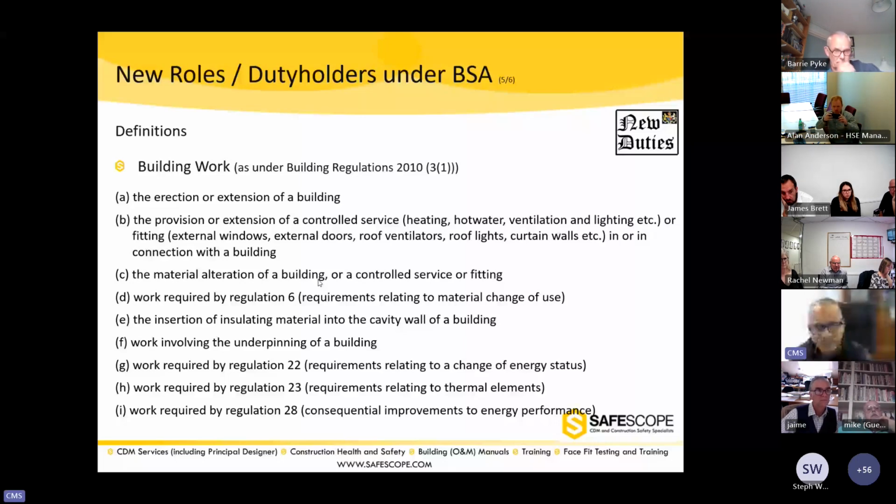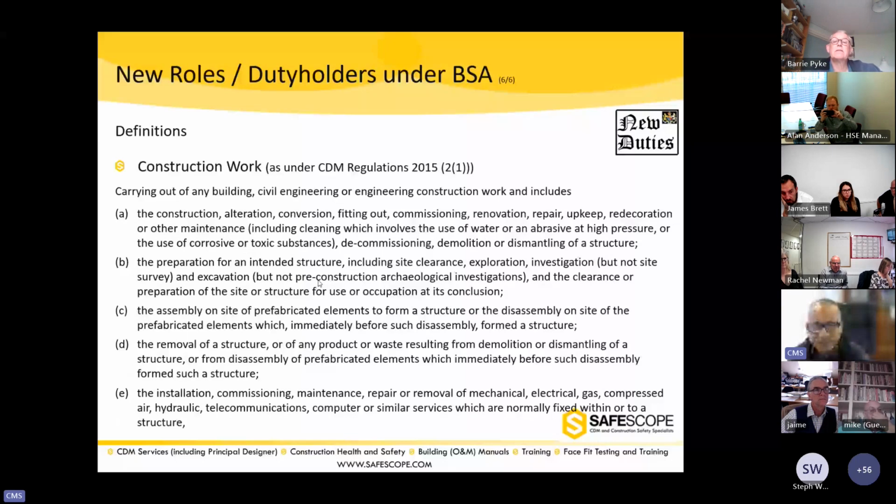Construction work is vast. We're not talking about the building here. Remember, the difference really is that we're not talking about building, but along with this, civil engineering and engineering construction work. The construction, alteration, conversion, etc., everything and maintenance included.